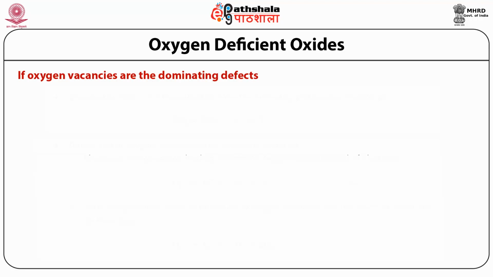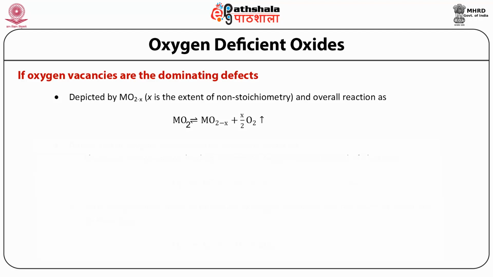Such defects are depicted by MO2 minus x, where x is the extent of non-stoichiometry, and overall the reaction is MO2 gives MO2 minus x plus x by 2 times O2. Here the reaction is reversible, that's why the arrow is in both directions.